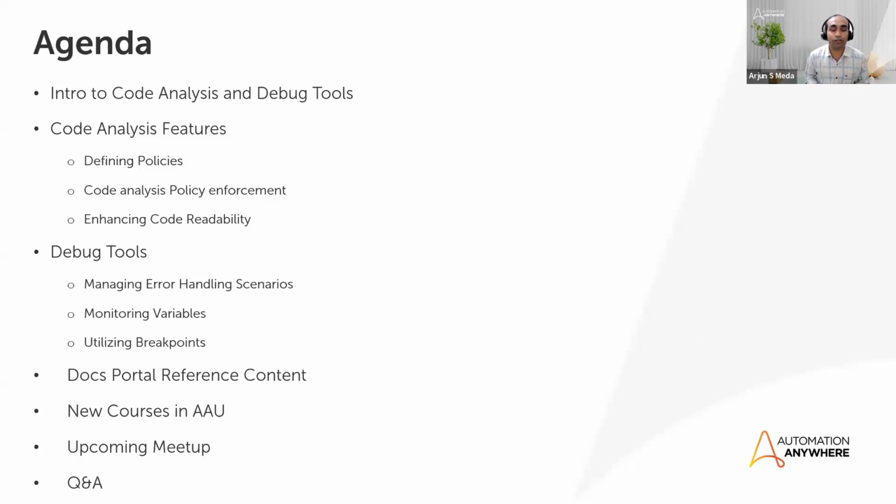After that, I'll talk about the latest courses we have launched in Automation Anywhere University. We will talk about the upcoming meetup next month. We will have a Q&A session. While the speakers are talking about their topics, feel free to type your questions in the Q&A section. Our product managers and other speakers will also help answer any questions you have.